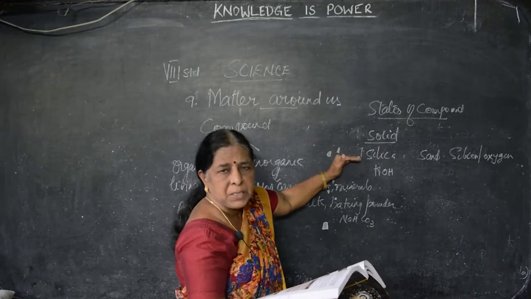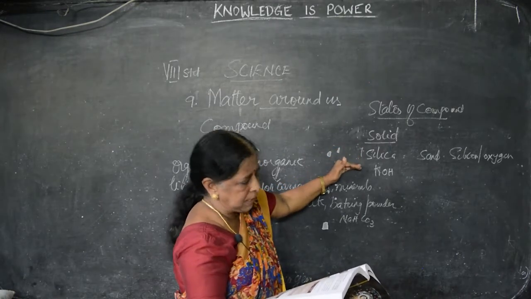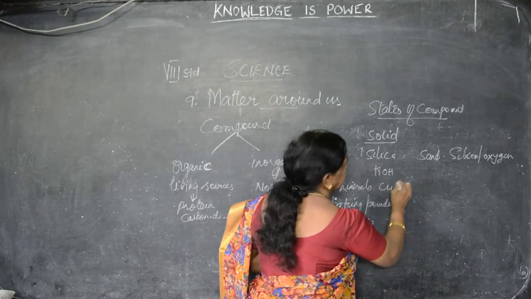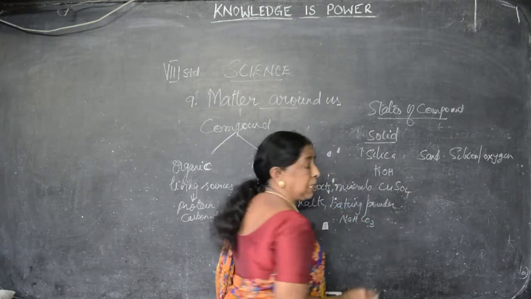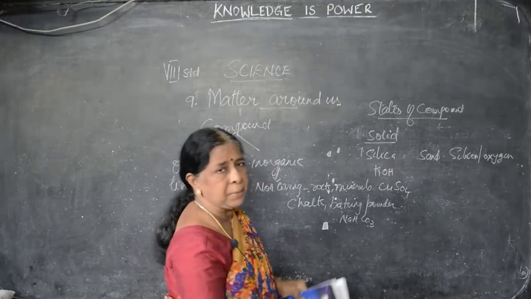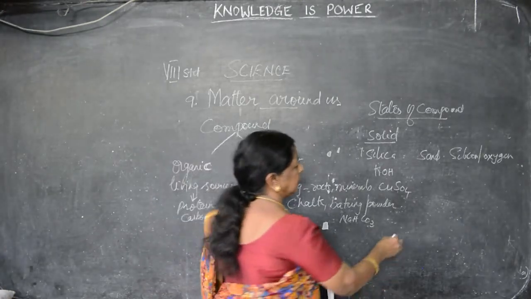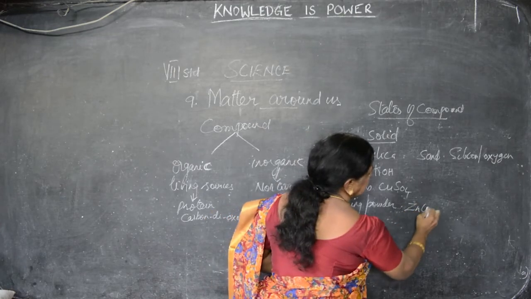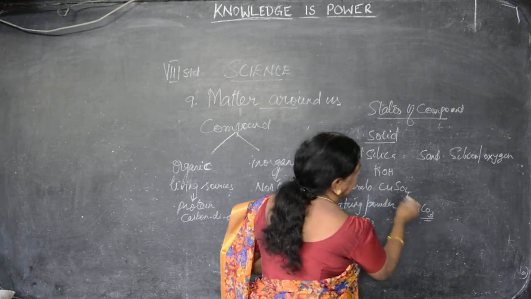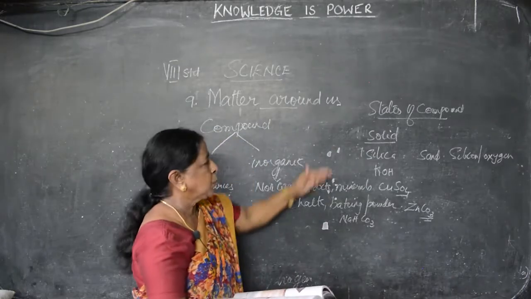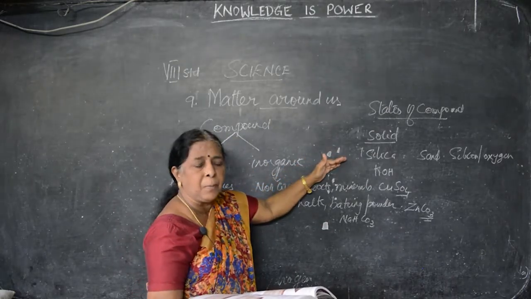Silica, potassium hydroxide, sodium hydroxide, copper sulfate, CuSO4, Cu copper, SO4 sulfate. You should be very clear in the symbols and chemicals. Zinc carbonate, zinc, the symbol is Zn, CO3 carbonate. Clear? So these exist in the form of solid.